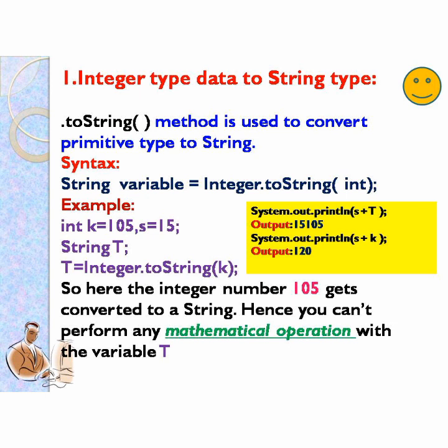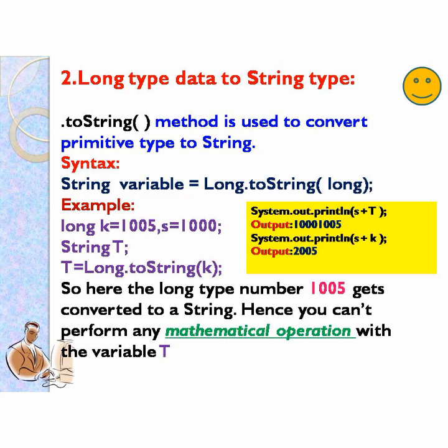Understand? Now look at the second example, System.out.println(s + k). Here both s and k are integer type. So when you add, you will get the output as 120. Clear? So here the value of t is 105 as a string. If you add anything with a string, you will get the output as a string.